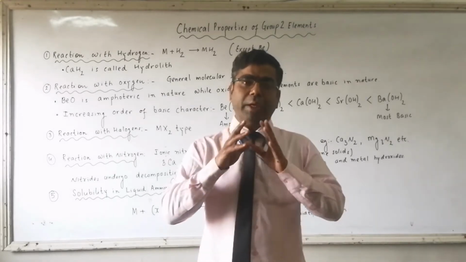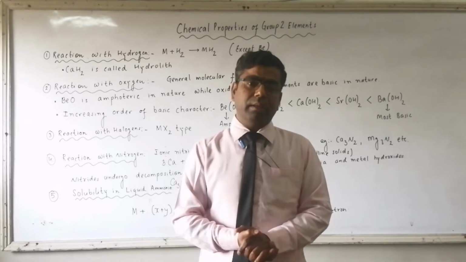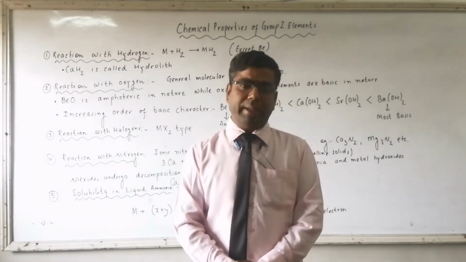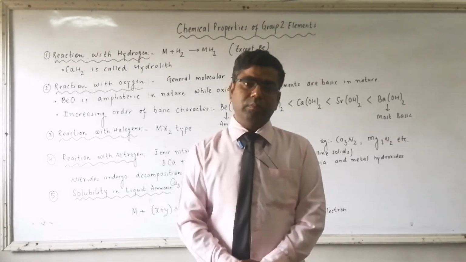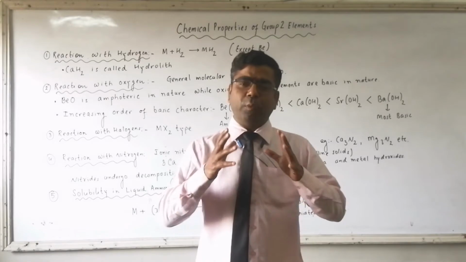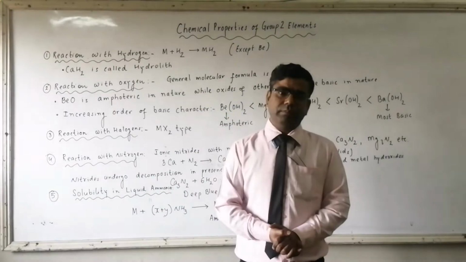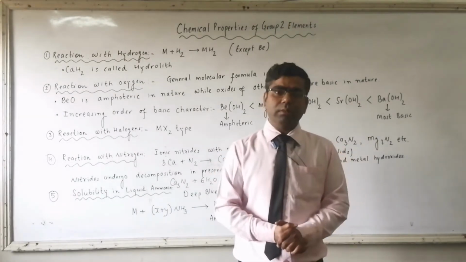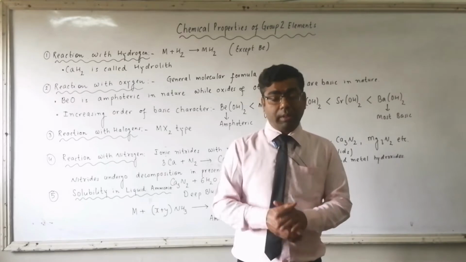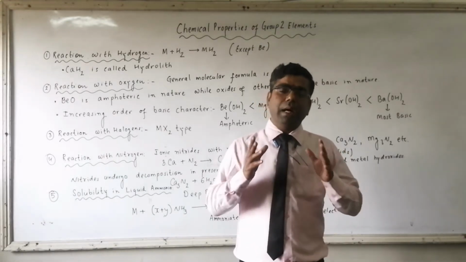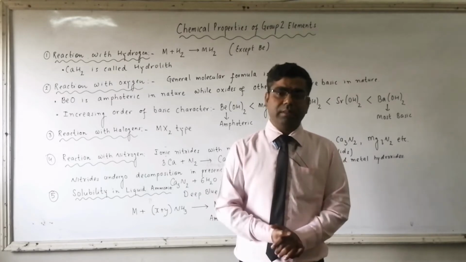And if removal of electron is easy, then they will show metallic character, or they will be treated as electropositive elements. They have electropositive character less than alkali metals because their size is small, but they are classified as highly electropositive elements.